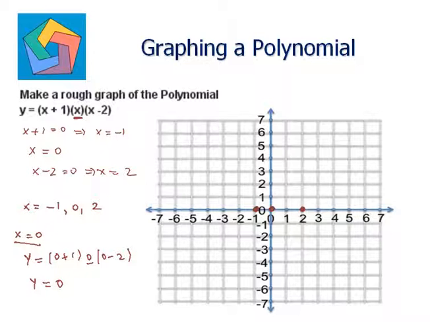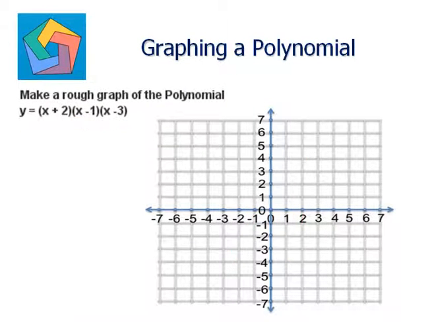Now since this is positive, it will start from down on the left side and move towards the upside. You can say this is the shape of the graph.